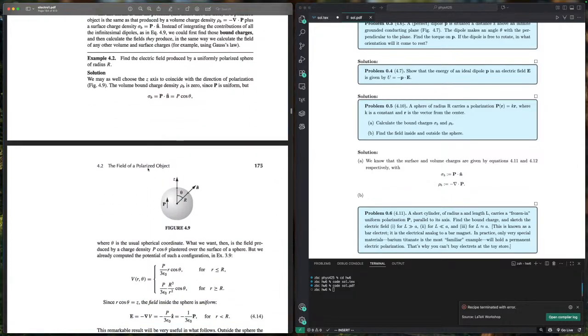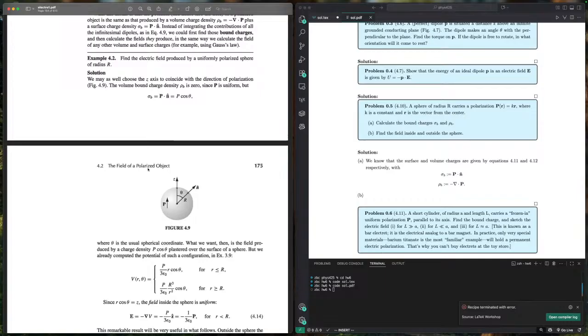Let's study how they did it with 4.2. Okay, so polarization in this problem is uniform. It's actually a big difference with our problem, because our polarization is not uniform. But why theta? Okay. Oh yeah, because uniform is just equal to P and pointing in the z direction, right?